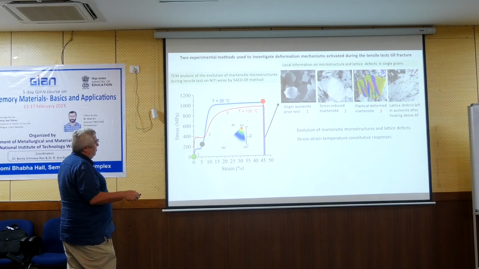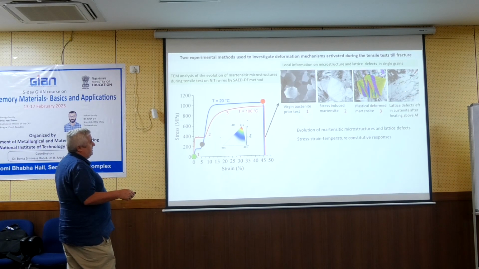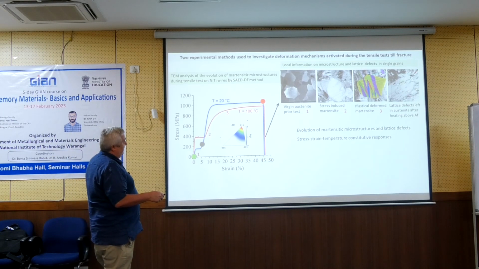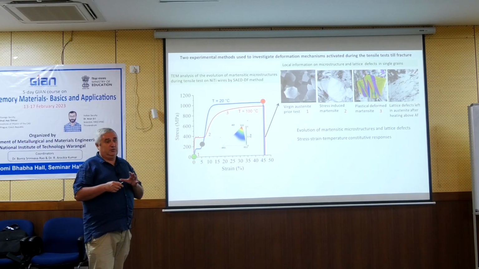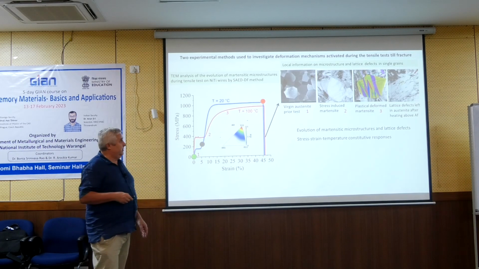Then we can deform up to 0.3 somewhere here. Again, we see how the microstructure looks like, and if we unload and heat, we can see how it looks like in martensite, but in austenite. But now, because it's memory wire, I have to do the observation at 100 Celsius, but this is also possible to do with TEM.